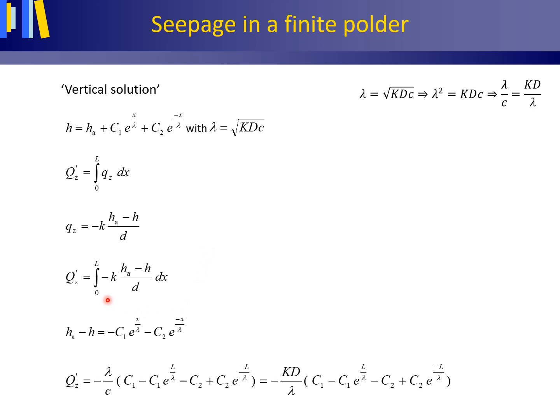And if you integrate between these two bounds and you insert for H this equation, or likewise for HA minus H, this equation that's doing the same thing, you will find this as an answer. And it's the same answer as we found by using the horizontal solution, as it should be.